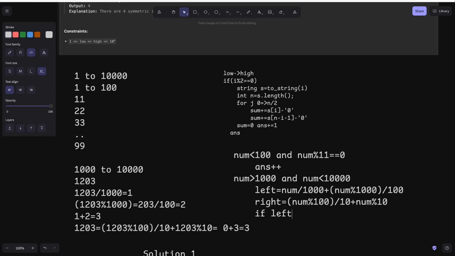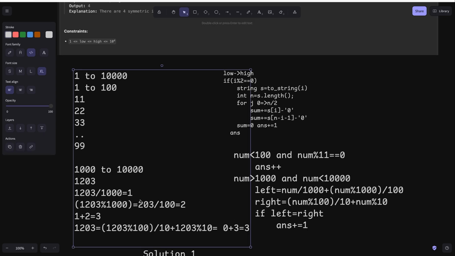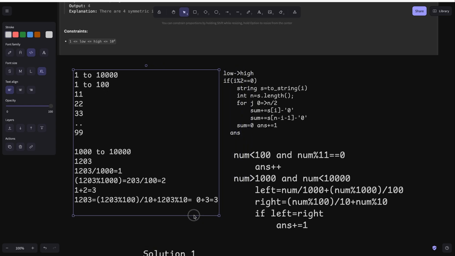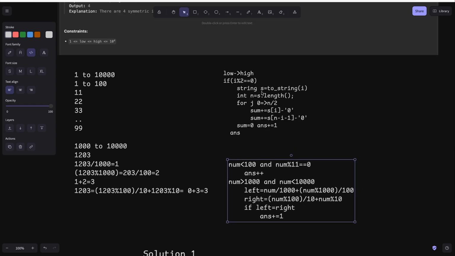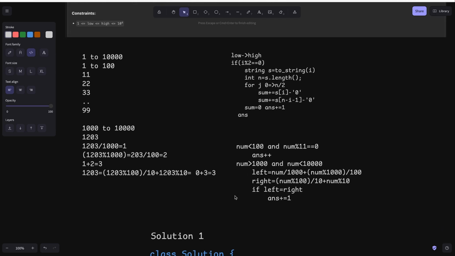Now if left equals right, then we would increment our answer. So these are the two implementations which can work here, and hence we can do by any one of them, while this one would be the better one, because here we are simply working with the integers, we are not converting anything to string, and that would also work.